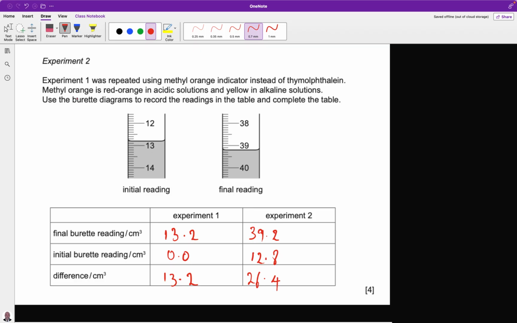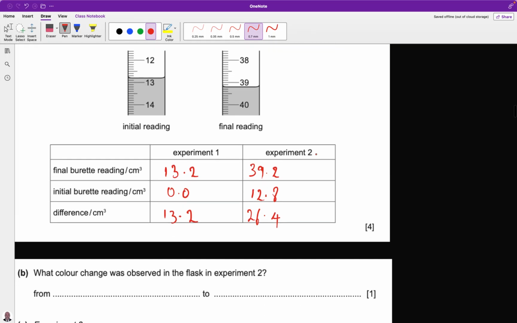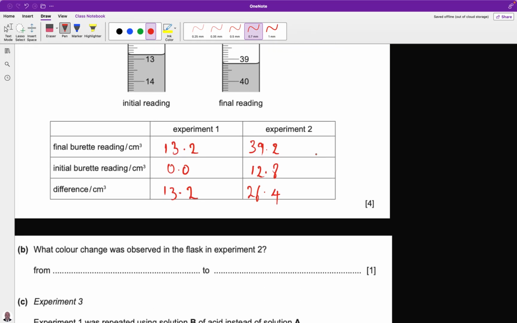Here, methyl orange is red-orange in acidic solution and yellow in alkaline solution. So the color change here will be yellow. In alkaline solution, this reaction will be yellow.